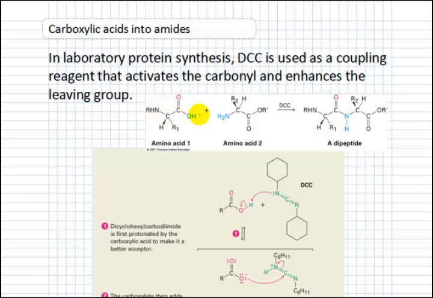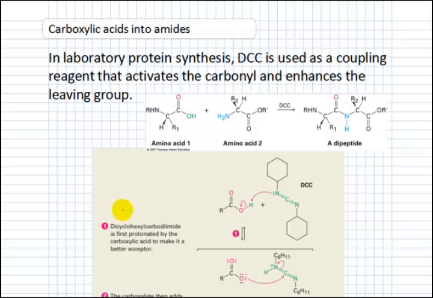Amino acids join together to make amides. If I have two amino acids, the resulting amide is called a dipeptide, and this over and over again makes a polypeptide and eventually makes a protein. So it's formation of an amide between a carboxylic acid and an amine that way.